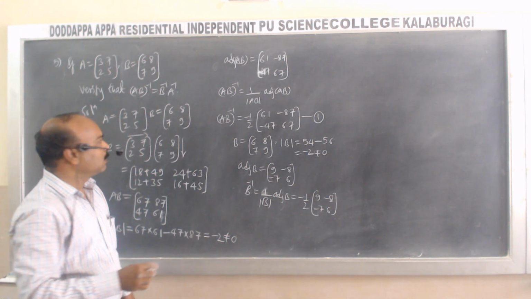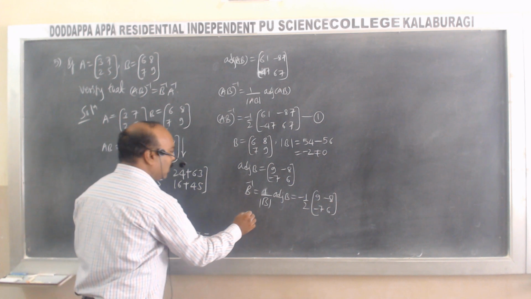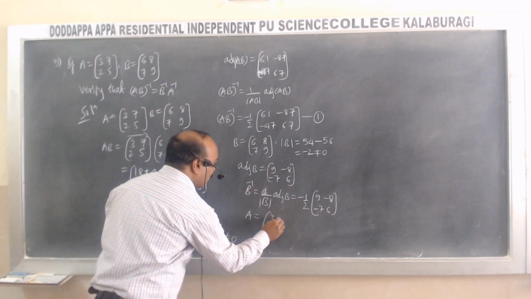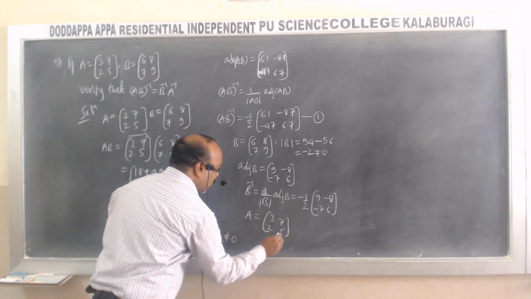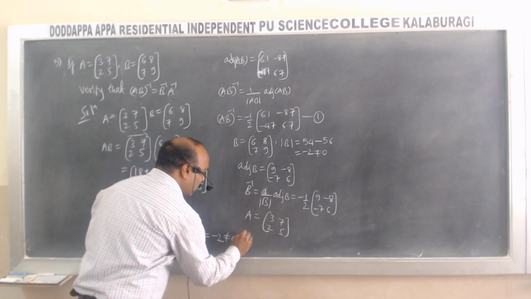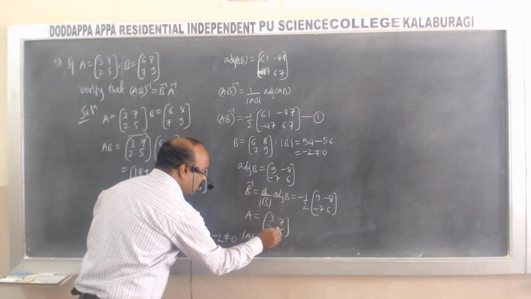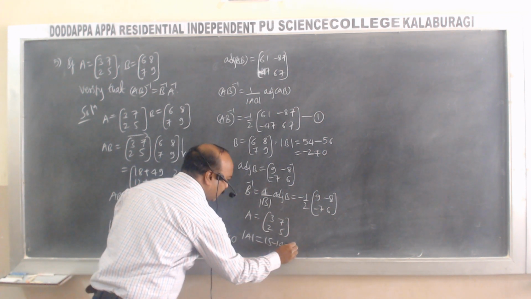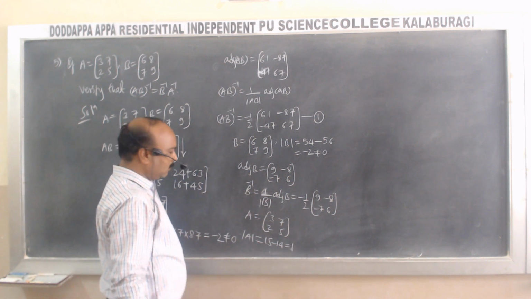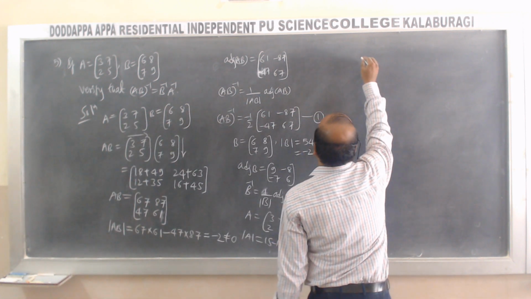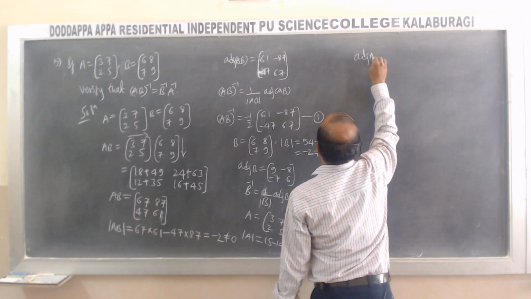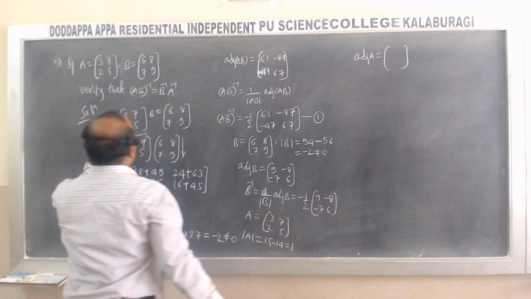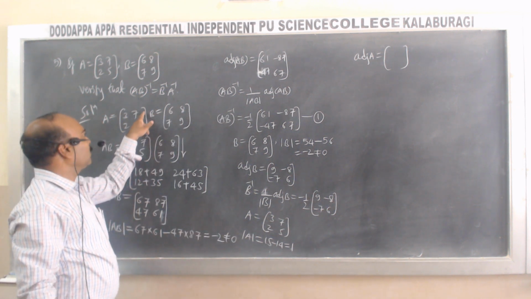Similarly, we calculate the inverse of A. For that, A is [3 7; 2 5]. Now first we find the determinant of A. Determinant of A is 3 5s are 15, 2 7s are 14, 15 minus 14 is 1. After that we go for the adjoint of A by the direct method. For the adjoint of A we change the diagonal elements and the sign of these two.